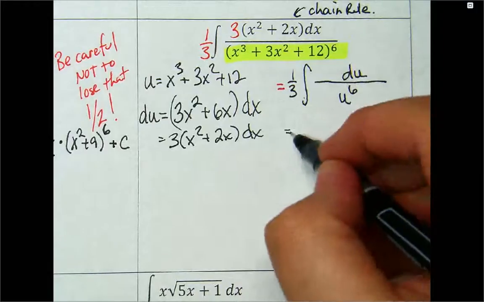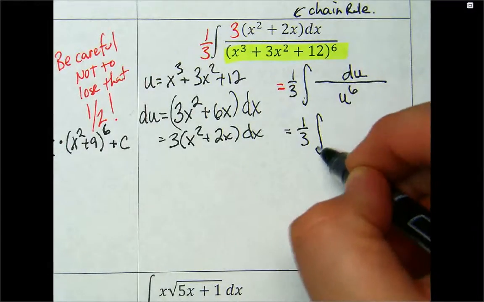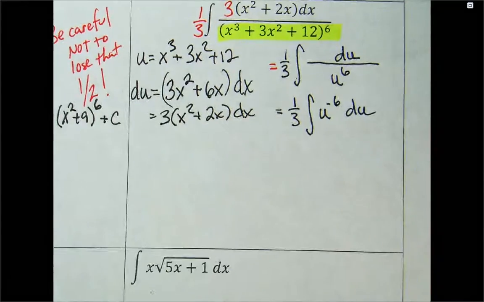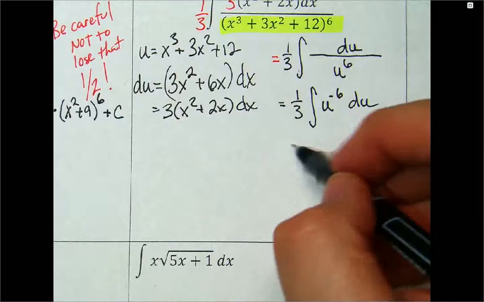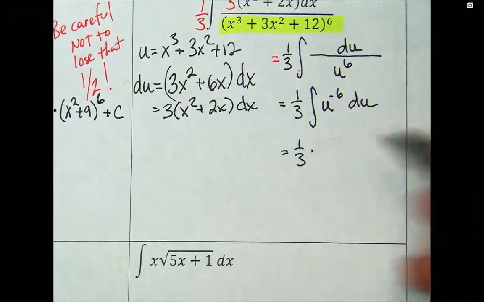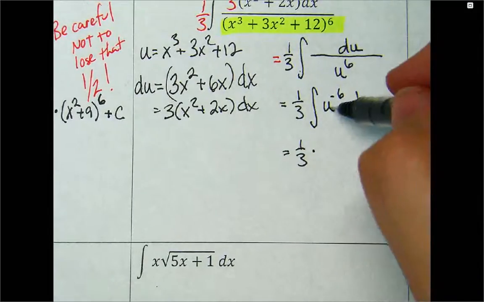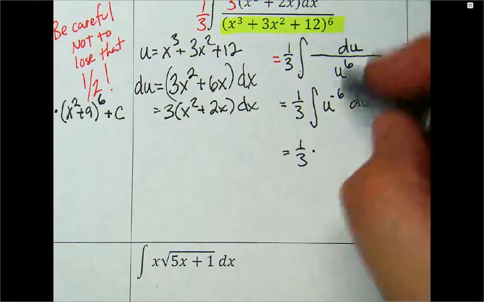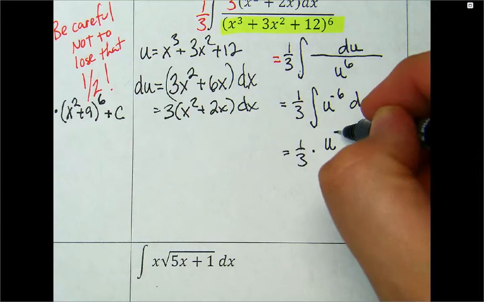This is u to the negative 6 du. That's just a power rule, isn't it? All right, so to integrate this, do I subtract 1 or do I add 1? Add 1. So it's going to be u to the negative 5 over negative 5 plus c.